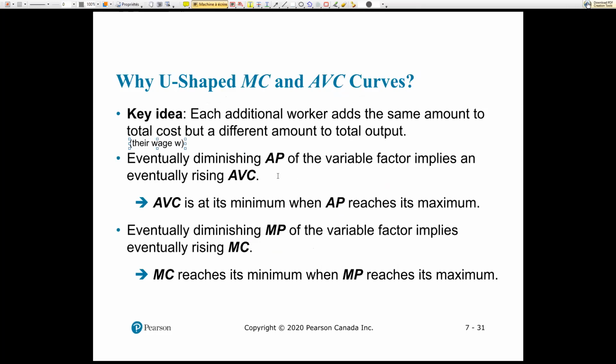So eventually diminishing average product of the variable factor implies rising average variable cost. So that's what I was saying. If you add one productive worker, then the average variable cost doesn't increase a lot. If you add one unproductive worker, then the average variable cost increases a lot.